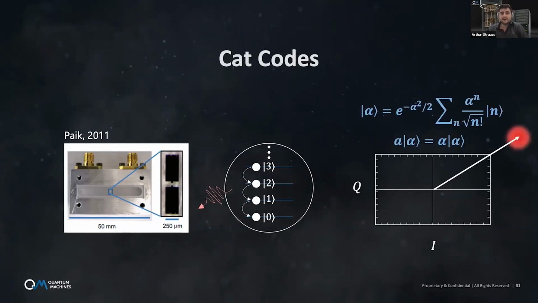And so when you increase dramatically the value of alpha, which you would do just by increasing the number of photons in your cavity, the size of the blob, the size of the uncertainty, becomes quite negligible compared to the actual value of alpha itself. So it's behaving as a classical state of light, meaning that you have a very, very low, negligible uncertainty, so you have a quasi-deterministic kind of light state in this case.